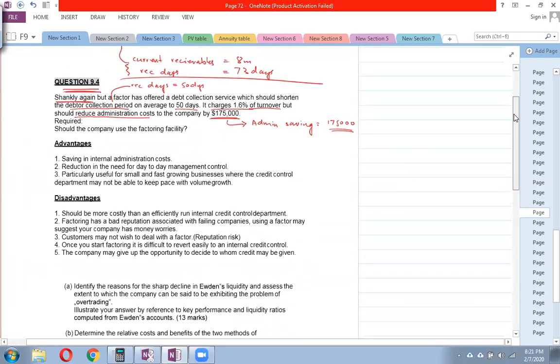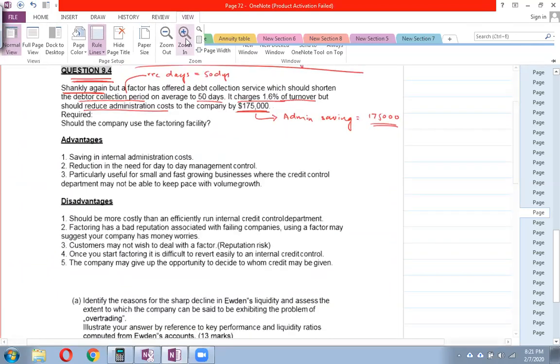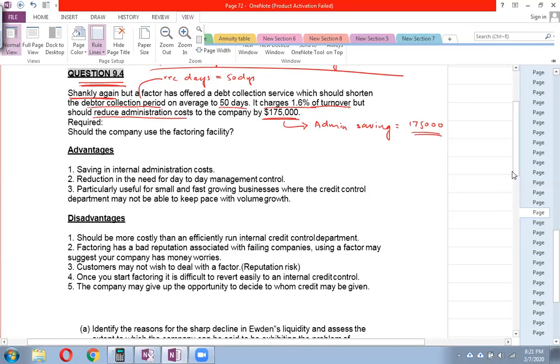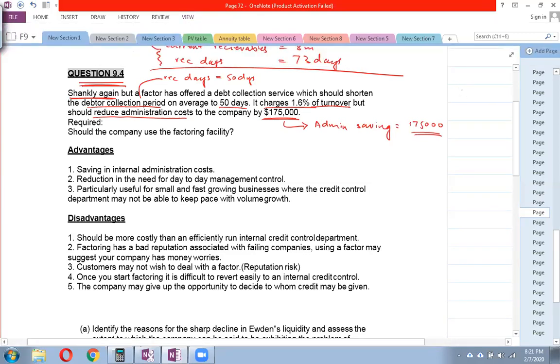But for the factoring option in this question, we are just considering the cost, but there are some other factors which need to be considered as well. Even if the factor is cheaper, it can damage your reputation. The customer may not like to deal with the factor directly, and you may lose customers in the future.